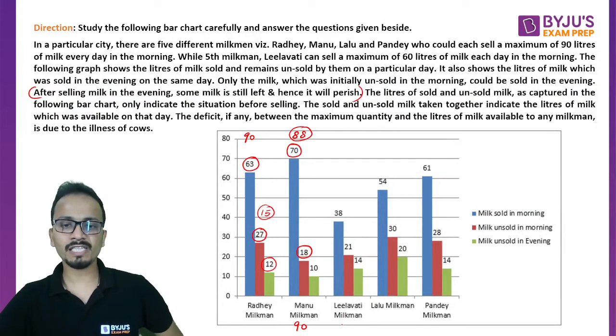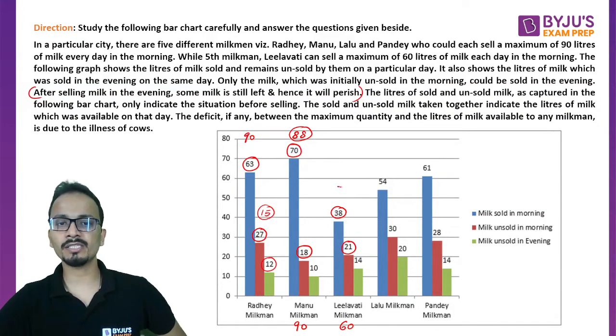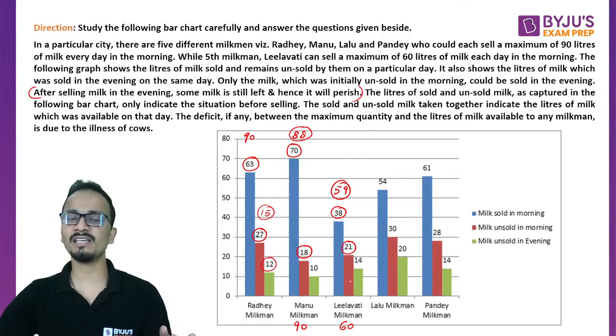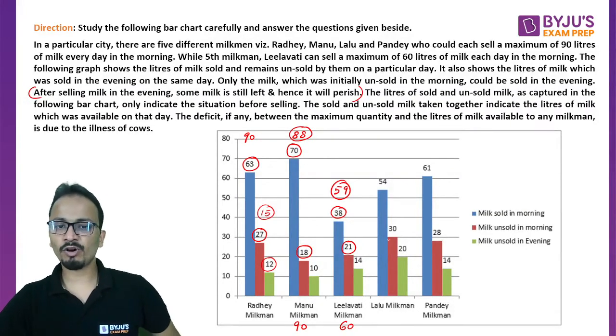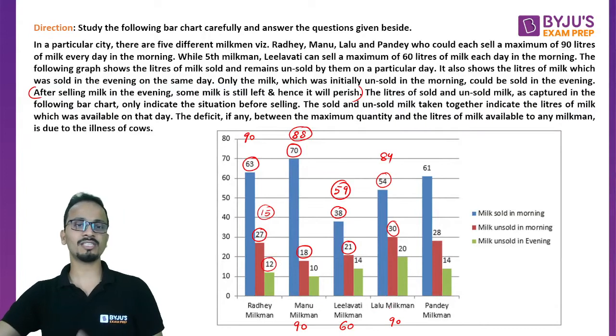Talking about Leelavati, maximum capacity is 60 liters, sold in morning is 38, unsold in the morning is 21, the sum is 59. Okay, so again there is some deficit, that means अब हमें पता लग गया कि लीलावती की काउ भी ill है. Okay, fine. Similarly for Lalu, 54 and 30, 84 is the total, maximum quantity was 90. So Lalu की गाय तो बहुत ज्यादा बीमार है.